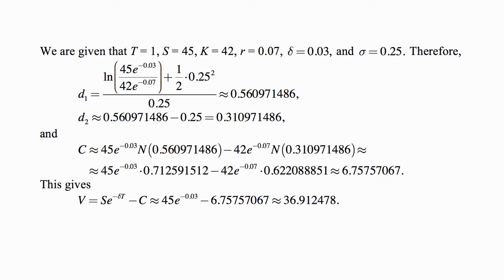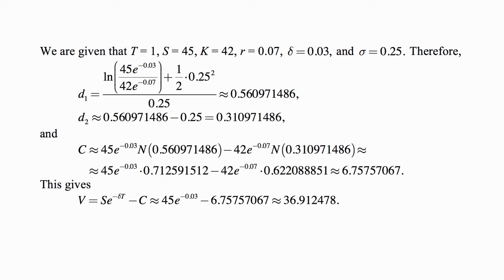Okay, and here is the data that we have. T is 1, S is 45, K is 42, r is 0.07, delta is 0.03, and sigma is 0.25. So d1 ends up being approximately 0.56 when we plug it all in, and d2 is approximately 0.31. And the price of the call is what we get when we plug it all in.